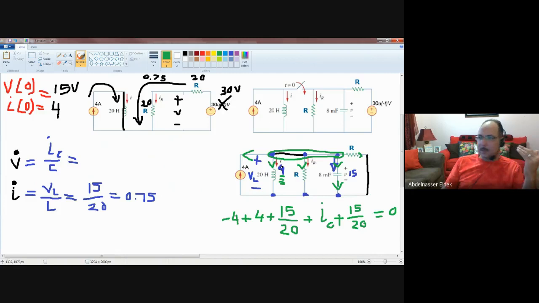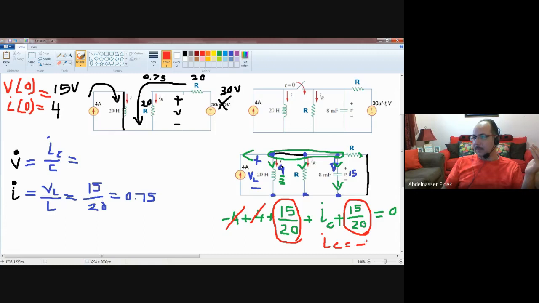So according to this, you just need to calculate IC. Of course, this positive and negative 4 will cancel. 15 divided by 20 is 3/4. So 3/4 and 3/4 is 1.5. Then IC is negative 1.5 ampere.